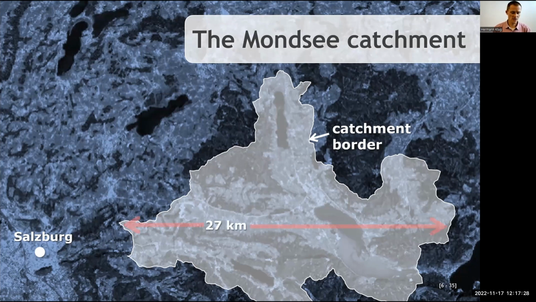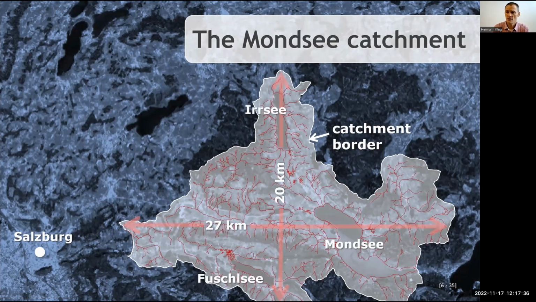So the catchment border outlined in white here tells us how big the catchment is. It is 27 kilometers from east to west and 20 kilometers from north to south, with a very, very dense river network. So every 300 meters, you statistically enter into a surface water body, a river or a lake. So you have very close distances of movements of phosphorus from terrestrial area to aquatic areas.